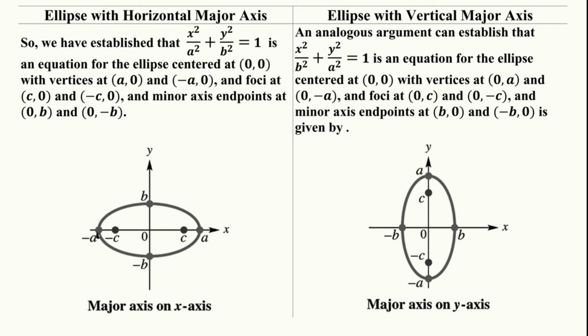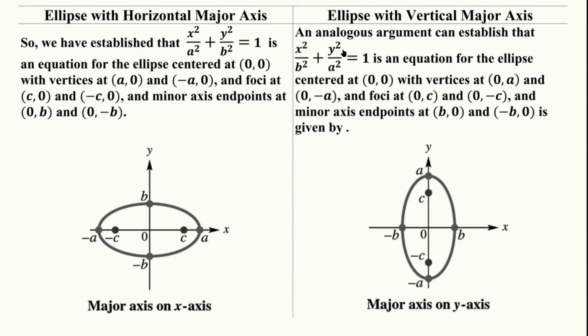The endpoints of the major axis are called vertices, and the endpoints of the minor axis are called co-vertices. Some textbooks use that terminology and some don't, but it doesn't really matter as long as you understand what you're doing.